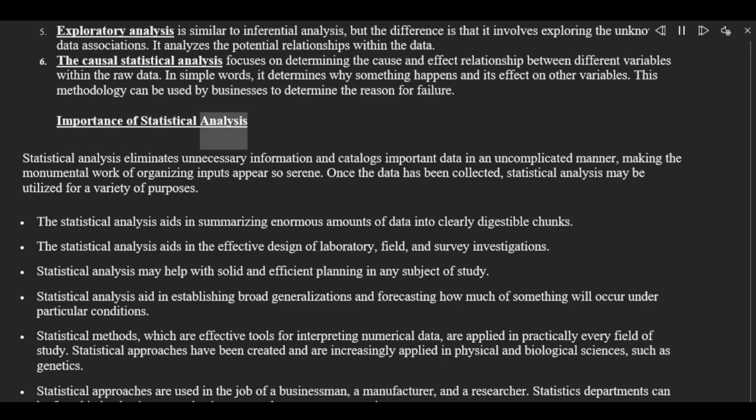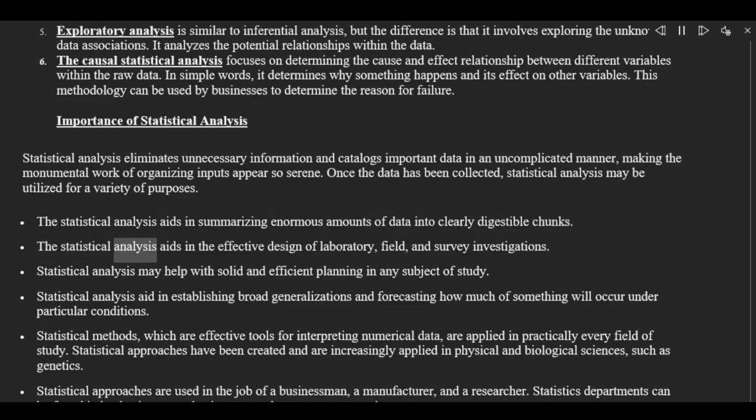Importance of statistical analysis. Statistical analysis eliminates unnecessary information and catalogs important data in an uncomplicated manner, making the monumental work of organizing inputs appear so serene. Once the data has been collected, statistical analysis may be utilized for a variety of purposes. It aids in summarizing enormous amounts of data into clearly digestible chunks.